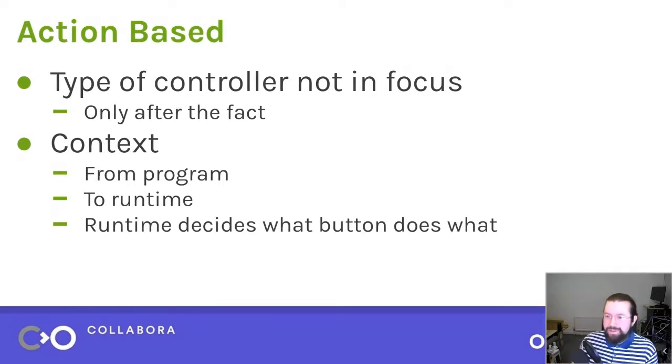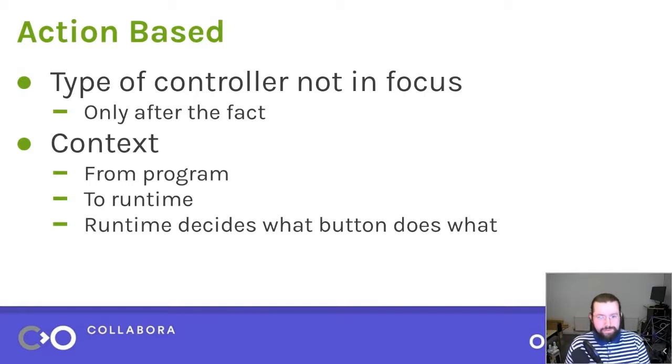So what does action-based mean for the API? In the past, you would look on a controller: is the user pressing the A button, or the B button, or pressing forward, or angling the joystick in certain ways, and those inputs would be very tied to the type of controller because of that.